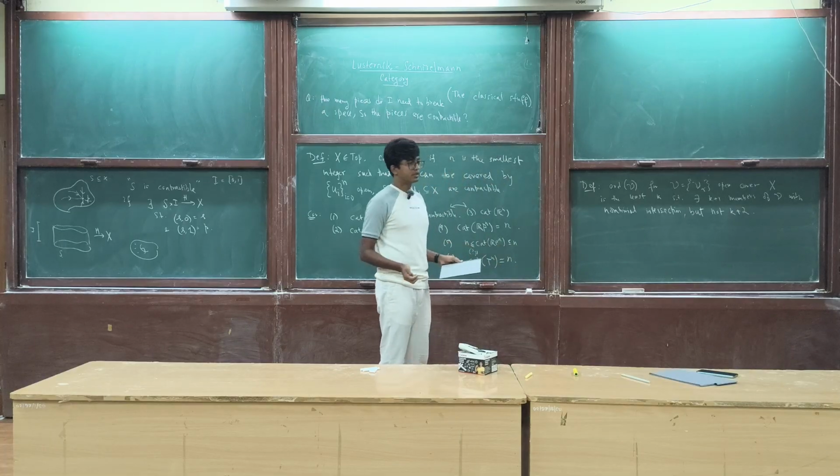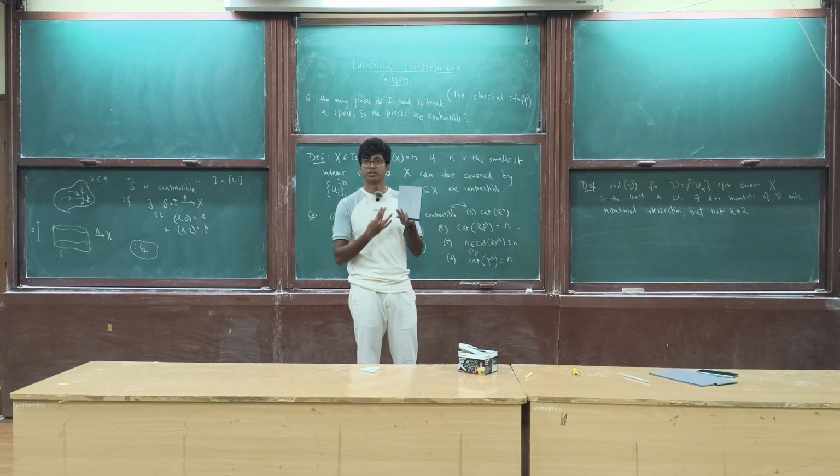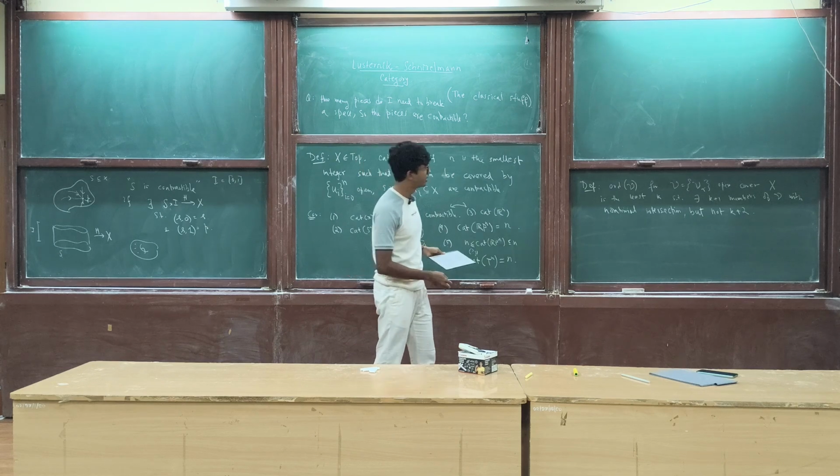So you can think of order as the maximum intersection number for a cover. Okay?